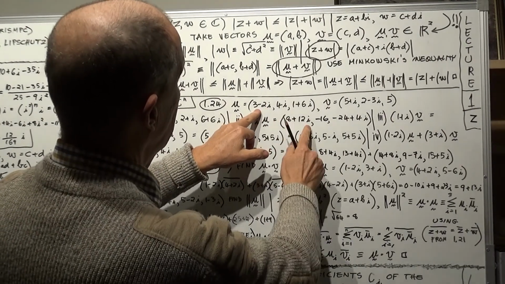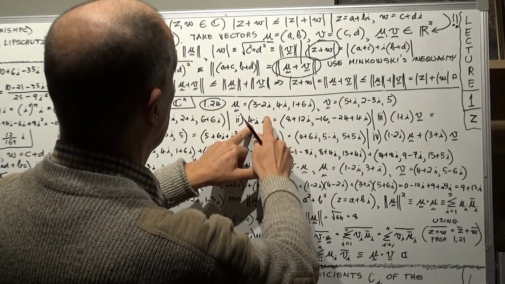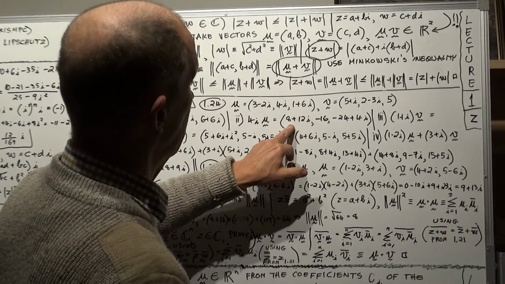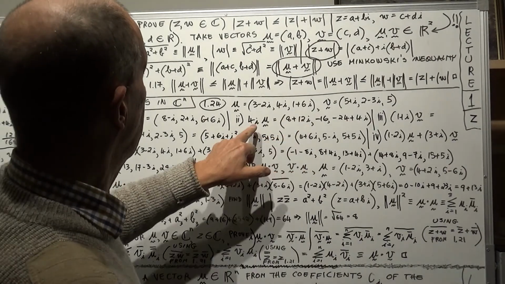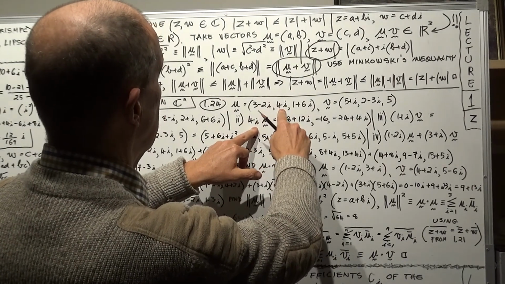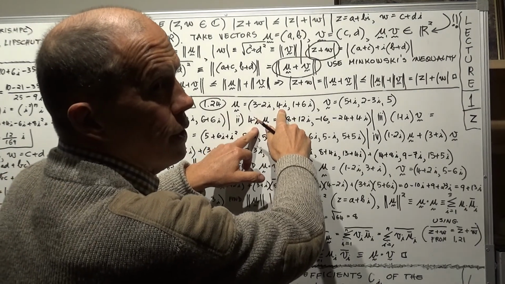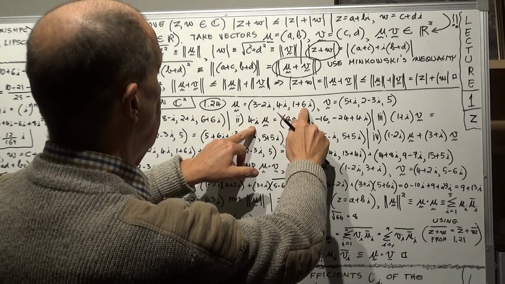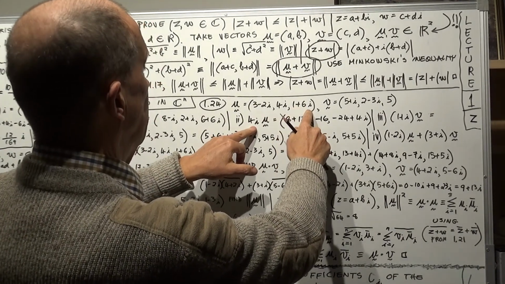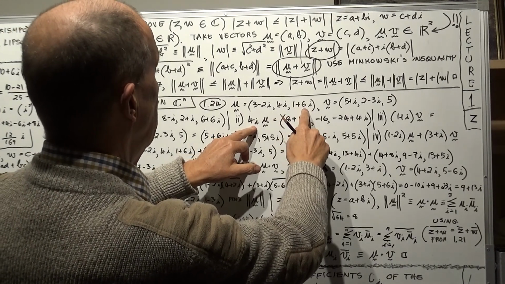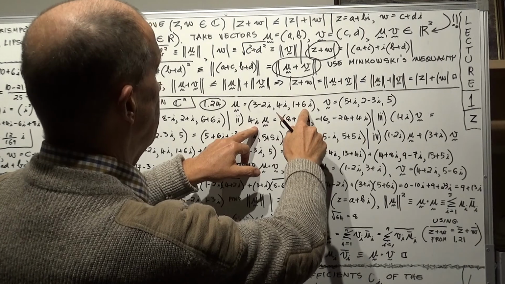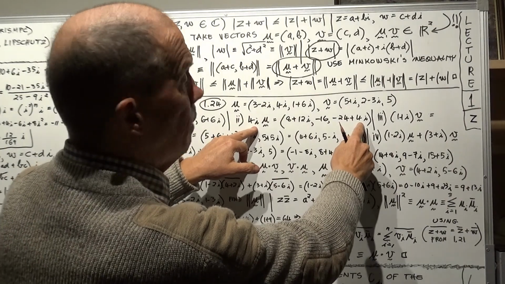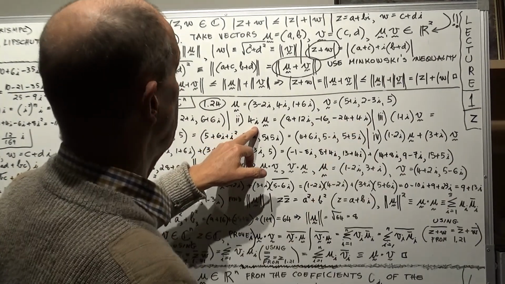You'll get 12i, and 4i times minus 2i, so that's minus 8i squared, so it's plus 8. So 8 plus 12i. Now this times this, so 4i times 4i, that's 16i squared, so that's minus 16. Okay? And 4i times this, so you'll get 4i plus 24i squared, that's minus 24. So there it is.